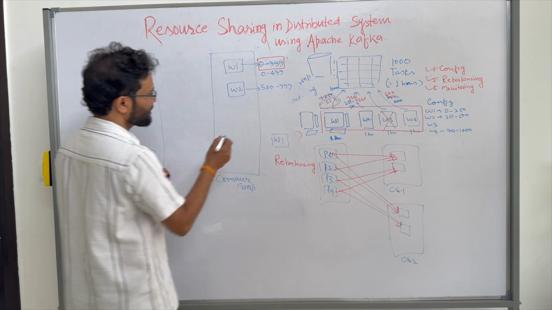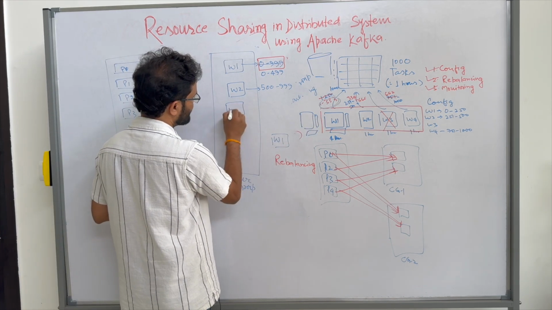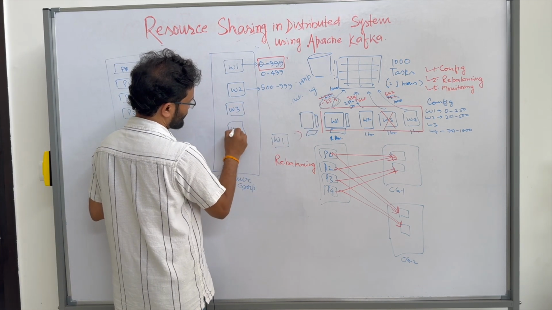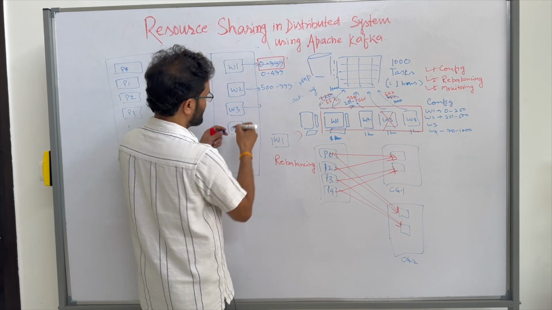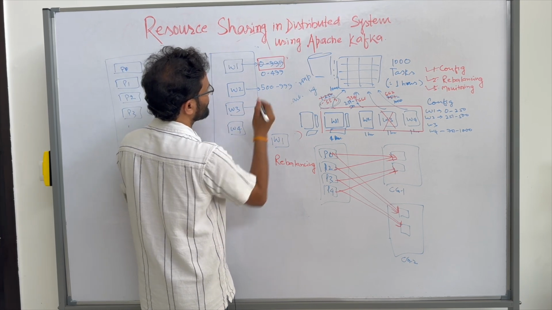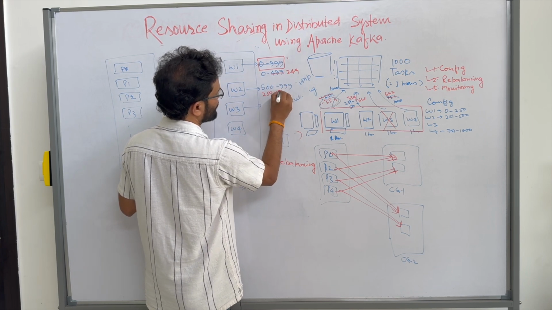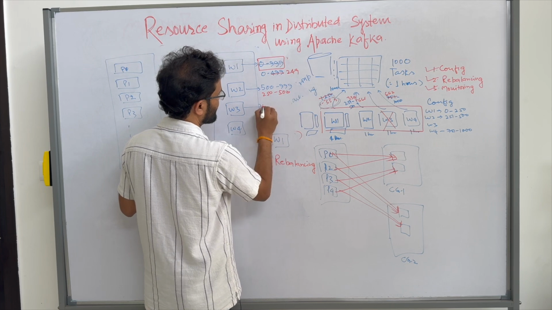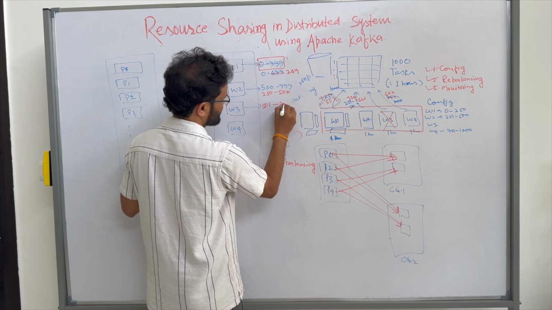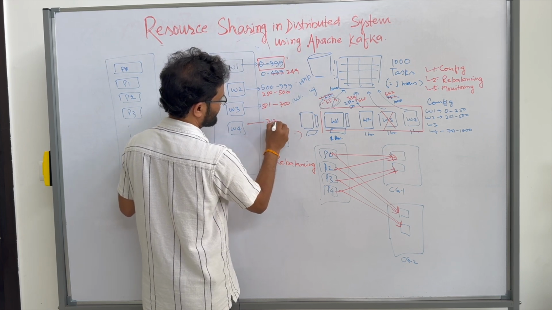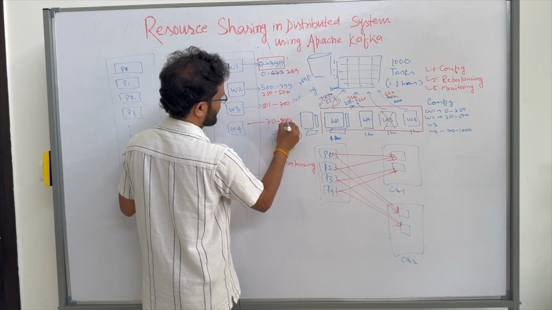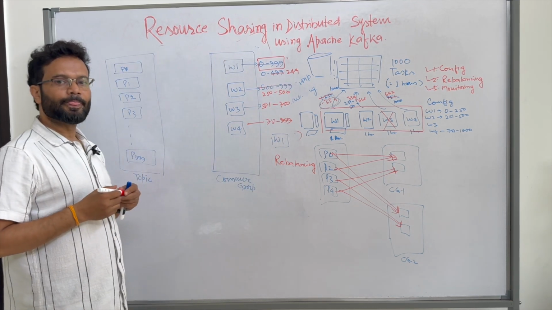Again, if you add W3 and W4, it will change the numbers: 0 to 249, 250 to 499, 500 to 749, and I'm just writing here, 750 to 999, right?